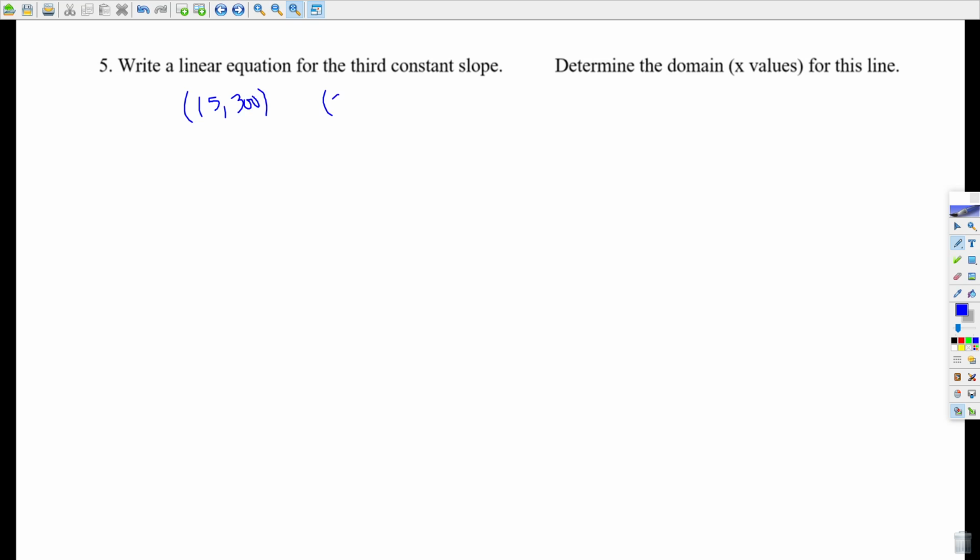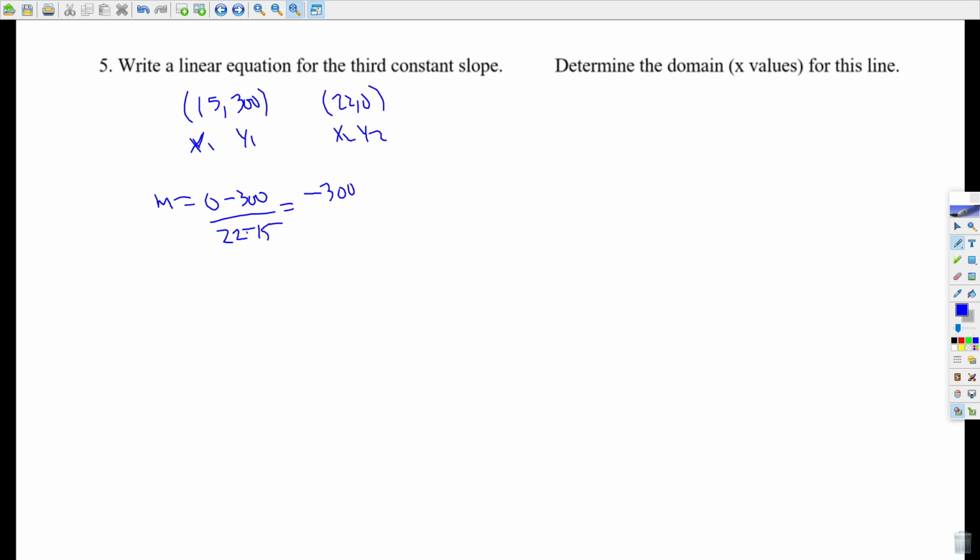15,300, 22,0, and we'll do the same thing we've been doing multiple times before. Let's go through this one a little more quickly than before. y2 is 0. y1 is 300. Bottom will be 22 minus 15.